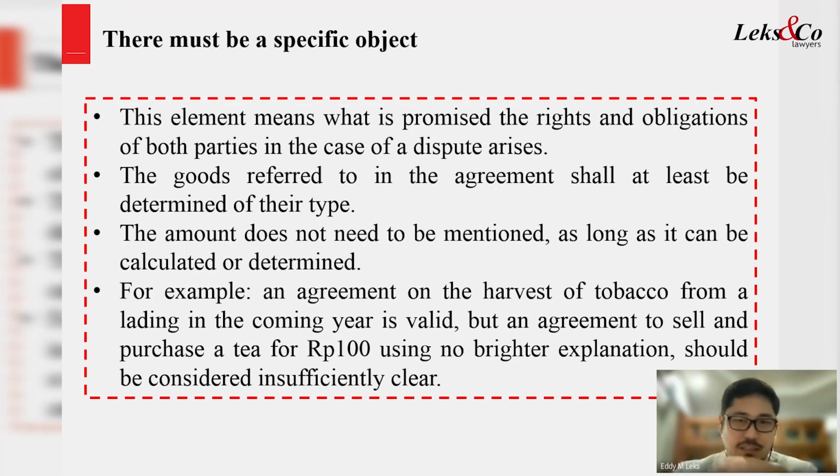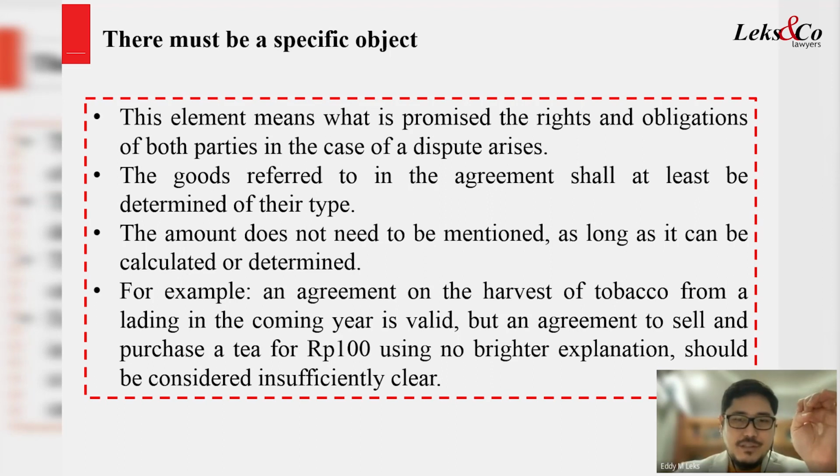Ya. At least tipenya, jenisnya itu apa gitu ya. If you are not able to clearly define it now, ya, at least the type we should agree first. The amount does not need to be mentioned, maksudnya jumlahnya berapa ya, as long as it can be calculated or determined.